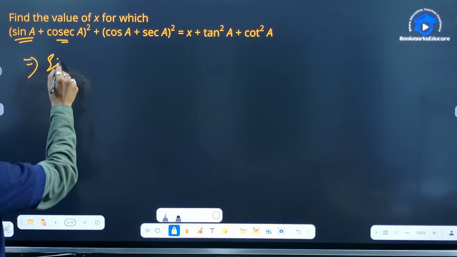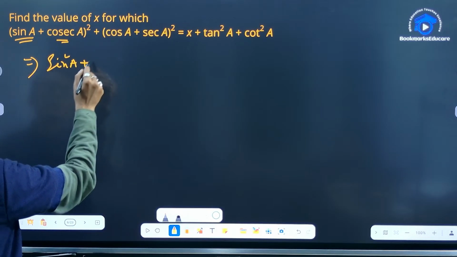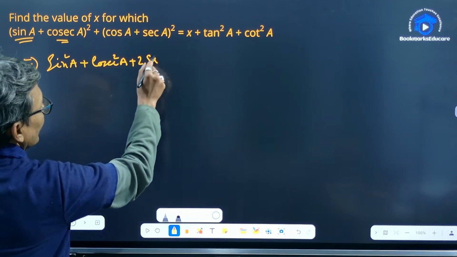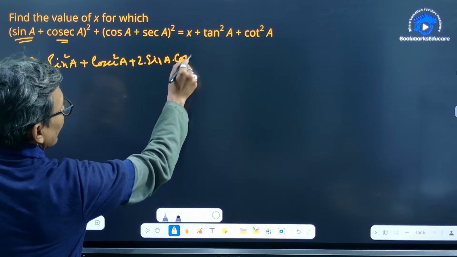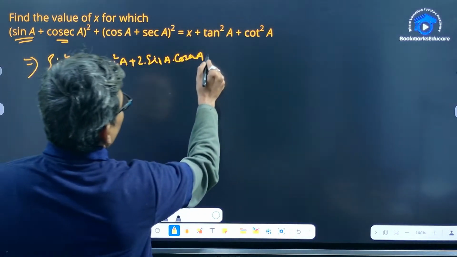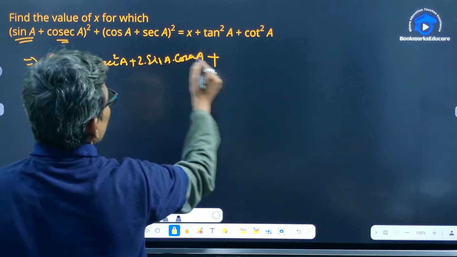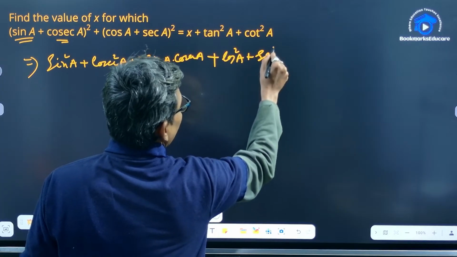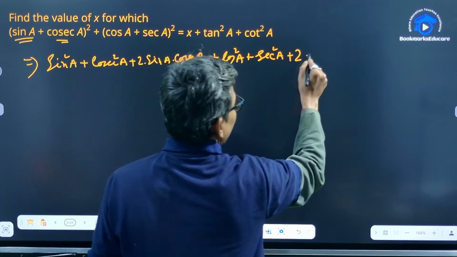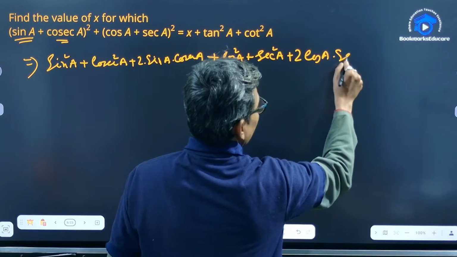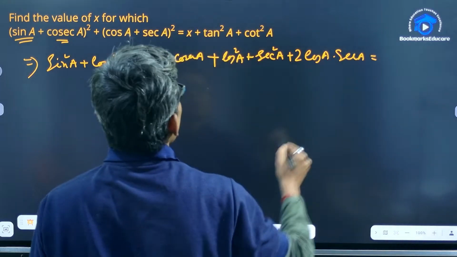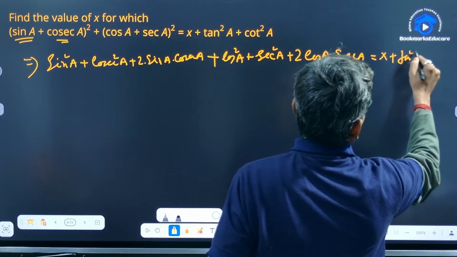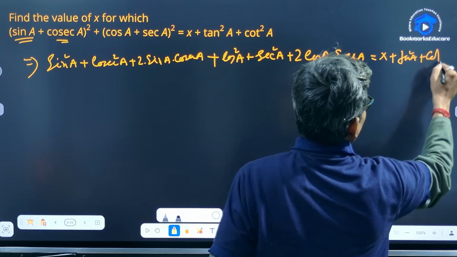So sin square A plus cosec square A plus 2 into sin A into cosec A, as well as plus cos square A plus sec square A plus 2 into cos A into sec A is equal to x plus tan square A plus cot square A.